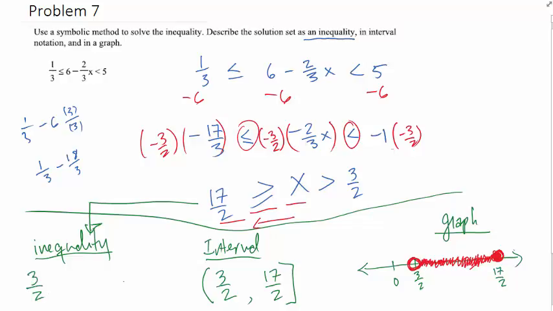We put the 3 halves first, and the relationship between x and 3 halves is that 3 halves is less than x, or x is bigger than 3 halves. So we'll put the x there, and then x is less than or equal to 17 over 2. So that is your inequality, and this is the more proper way to write the inequality rather than what we got in the solution. Alright, so that's problem number 7.